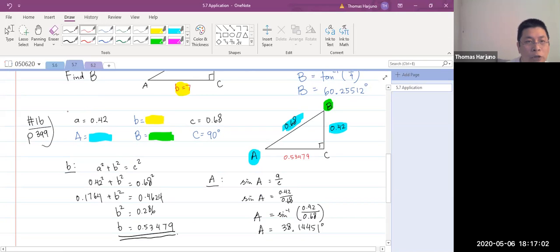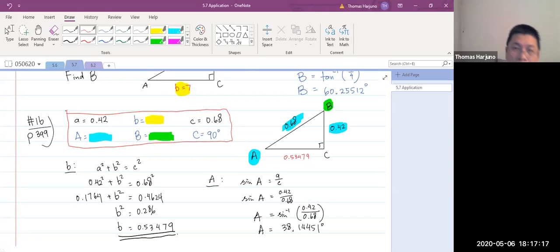If we try to get all 6 components of a triangle, 3 sides and 3 angles, then we call that solving the triangle. Solving the triangle is to find 3 sides and 3 angles.